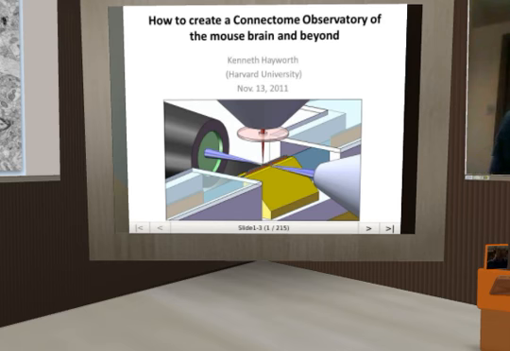Sample preparation. Yeah, I think I'll do it in audio because it would be too much to type. So in this case, you're working with mice, and you're doing perfusion with glutaraldehyde through the vascular system, and then you're soaking it.